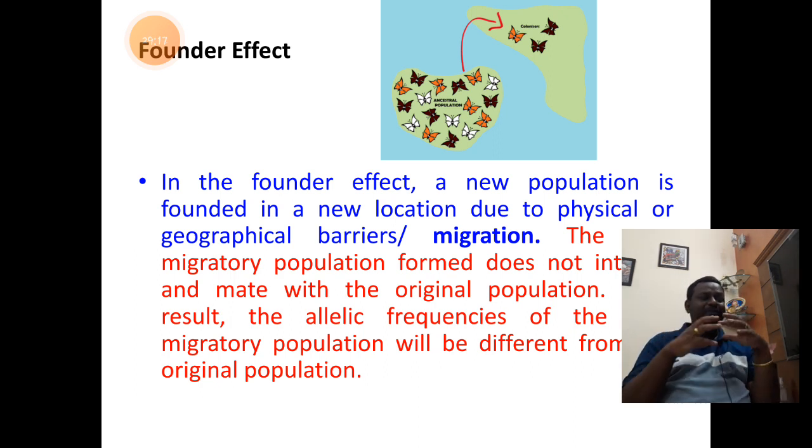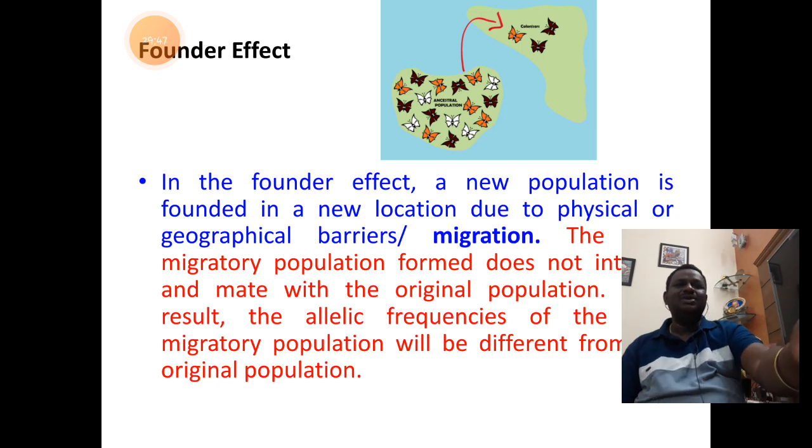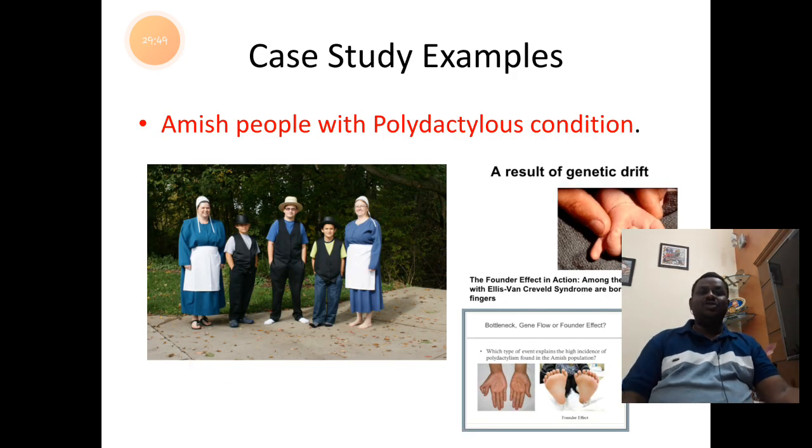If we compare the allelic frequency of the newer and original population, it is entirely different. This type of allelic frequency change that has led to a newer generation, newer species due to the migrants is called founder effect. So there is founding of a newer species. That's what founder effect talks about.